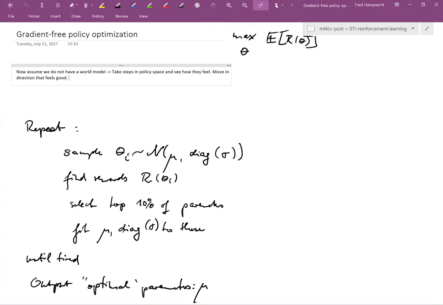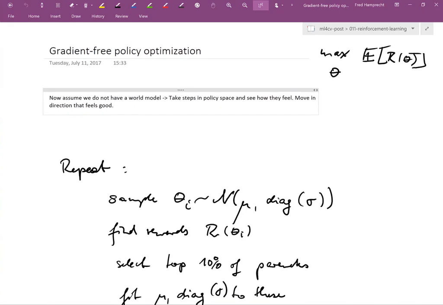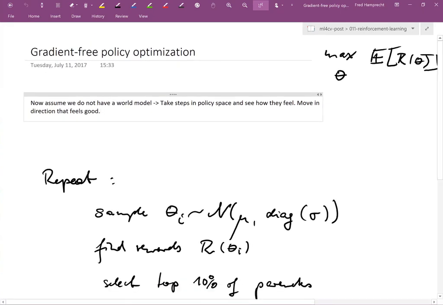Namely, a very simple approach when we don't know the world model. So now we're trying to directly optimize the policy, but we're going to use a sampling kind of strategy. So, gradient-free policy optimization. The goal is again to find the parameters that maximize the expected reward.